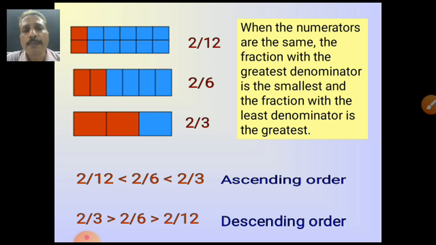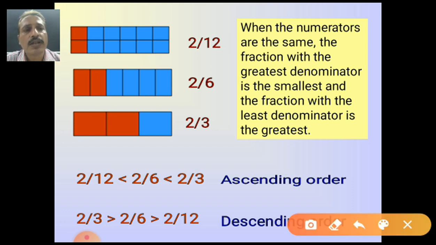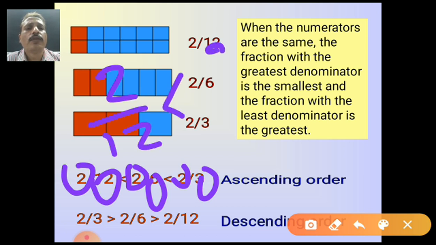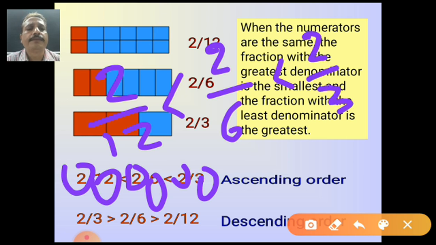In all examples, 2 is the numerator, but here 12, 6 and 3 are the denominators. Yes, students? See, 12, 6 and 3. Numerators are all 2. 2 upon 12 is less than 2 upon 6, which is less than 2 upon 3. Is it? Good.